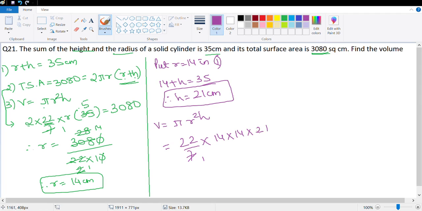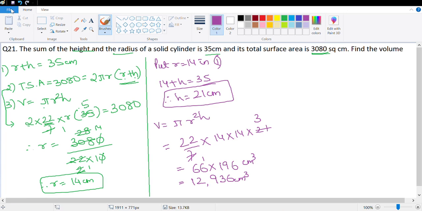That's 7 into 1, that's 7 into 3. So this is 66 into 14, that's 196. Right, now this is centimeter cube. So we will have to do the multiplication, and the multiplication for 196 into 66 is 12,936 centimeter cube. Right, that's the correct answer.